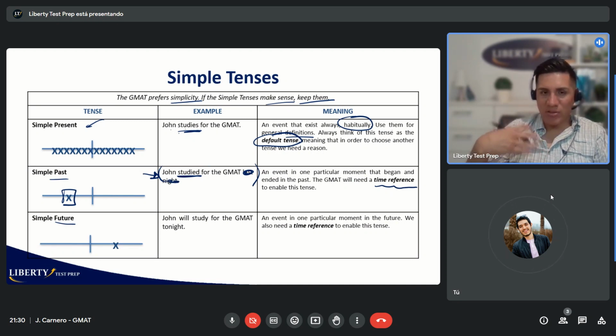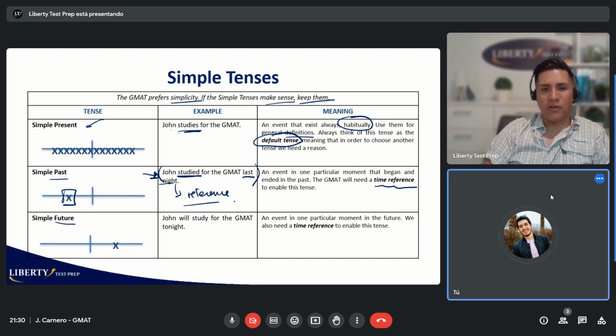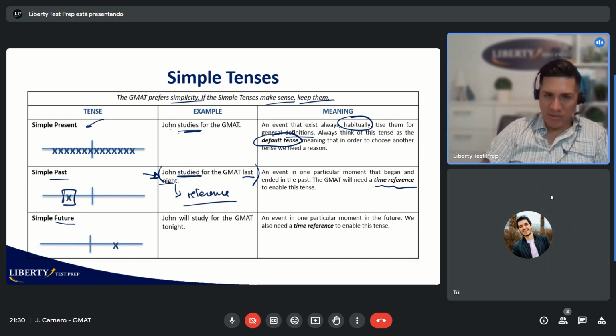Because if we use the past, normally we are required to state when, right? Otherwise, it wouldn't make sense. So, when did he study? He studied for the GMAT last night, you see? So, last night here is my keyword, my time reference. We need that for the past. Otherwise, we wouldn't know why it needs to be in the past.